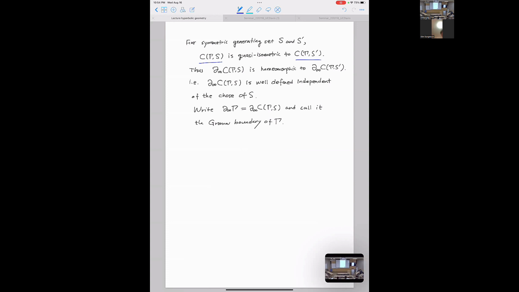Then the group boundary is homeomorphic to that of C(gamma, S prime). So its group boundary is independent of the choice of the symmetric generating set. In this case we define the boundary of gamma by the group boundary of the Cayley graph, and we call it the group boundary of the hyperbolic group gamma.